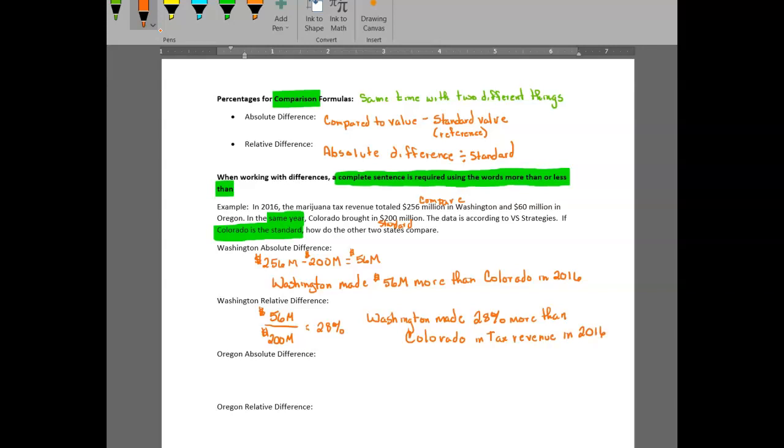So now let's look at Oregon and both their absolute and their relative differences. So Oregon is $60 million. We're going to take 60 minus 200, and this time we end up with a negative 140 million. So now we know that Oregon made $140 million less than Colorado.